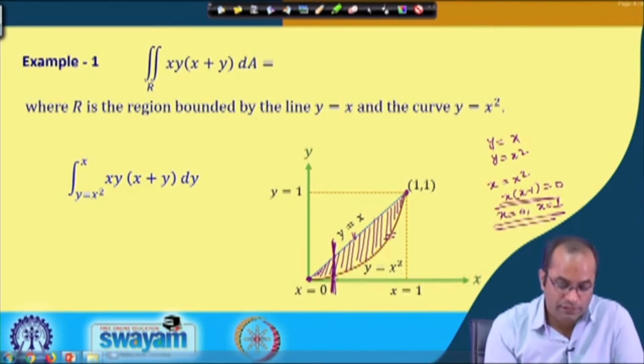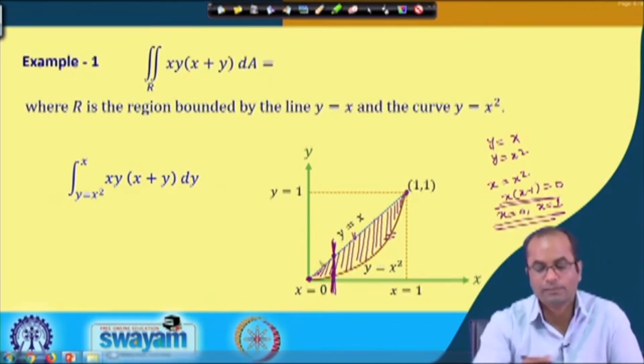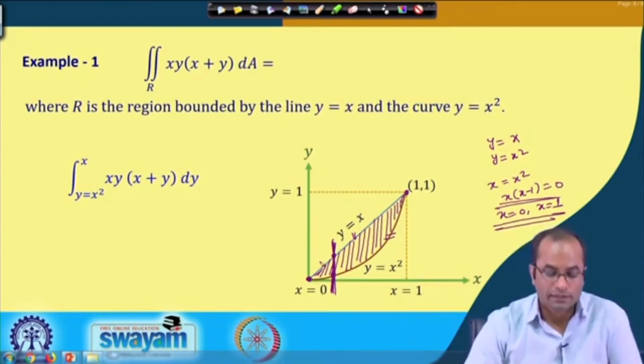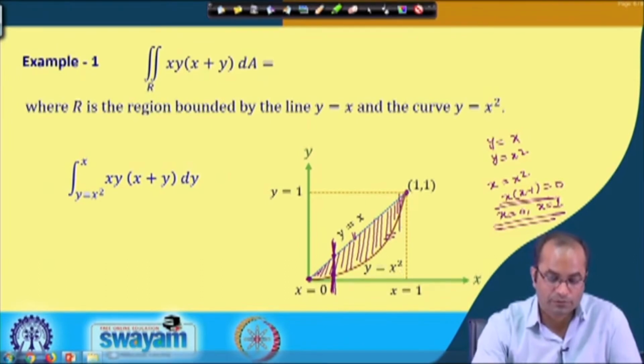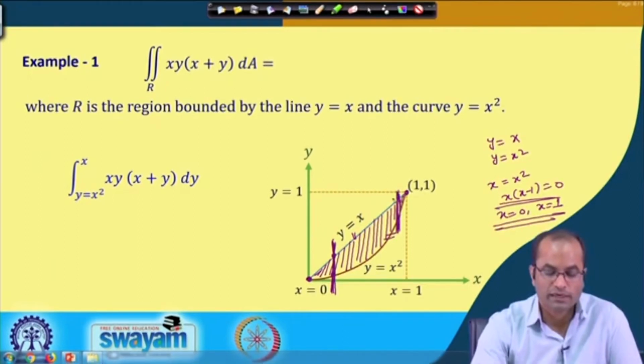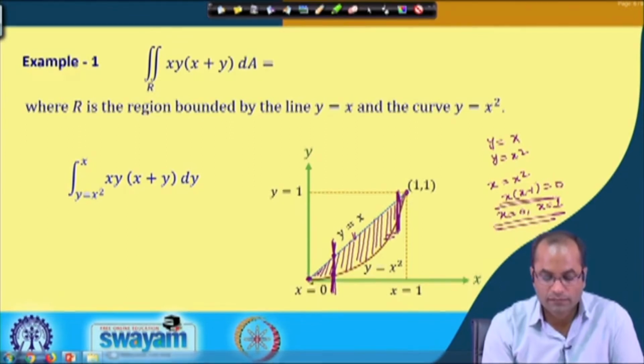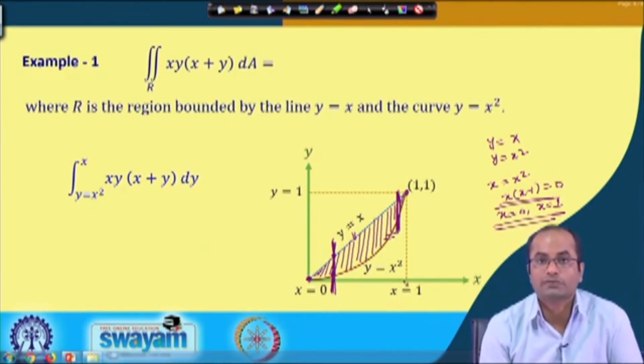Now we will see that this line enters the domain at y is equal to x square and leaves the domain at y is equal to x line, and that is true everywhere in the domain. At whatever point you draw this line parallel to the y axis, it will enter through y is equal to x square and leave the domain at y is equal to x line. Such lines will vary from x is equal to 0 to x is equal to 1.